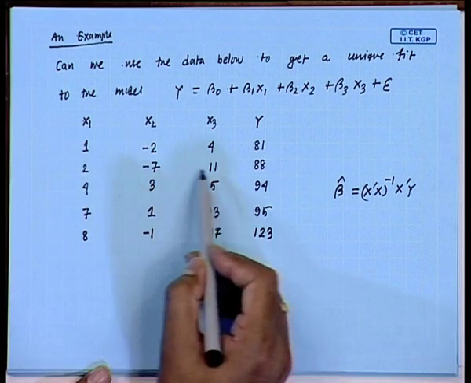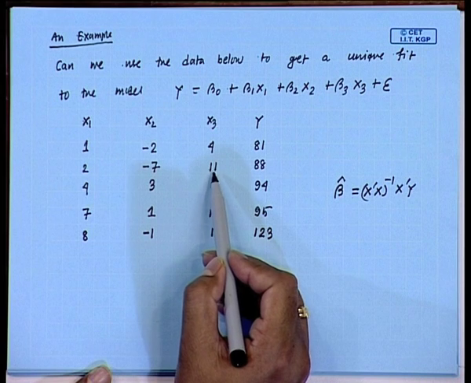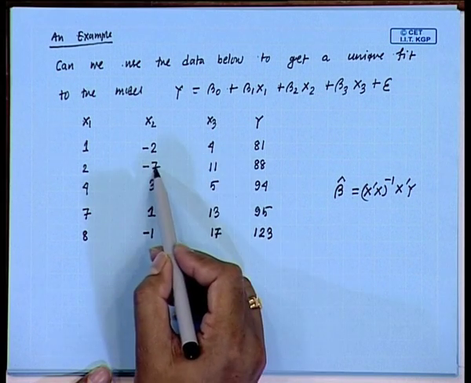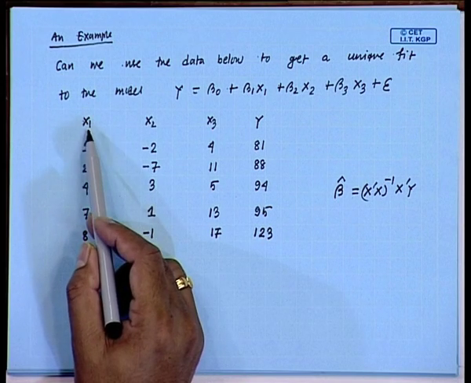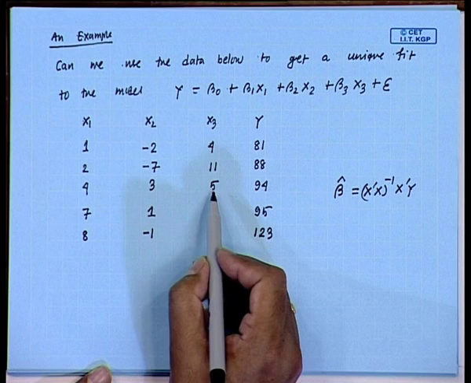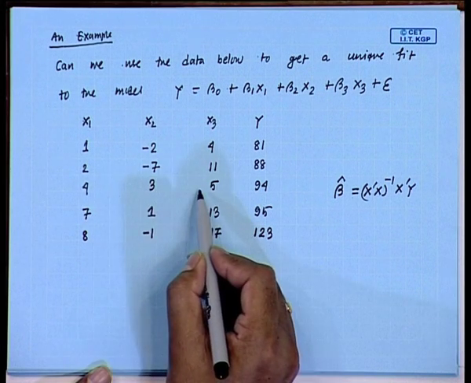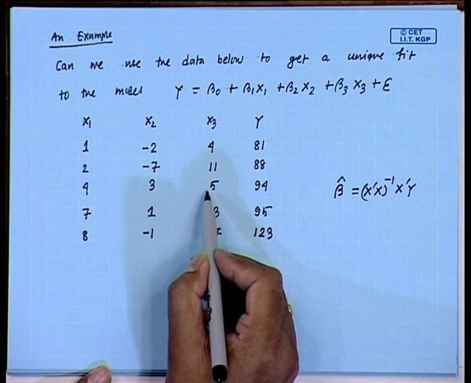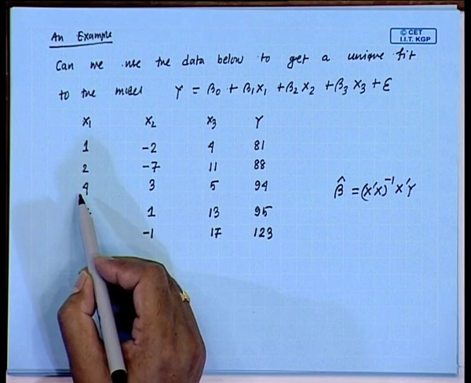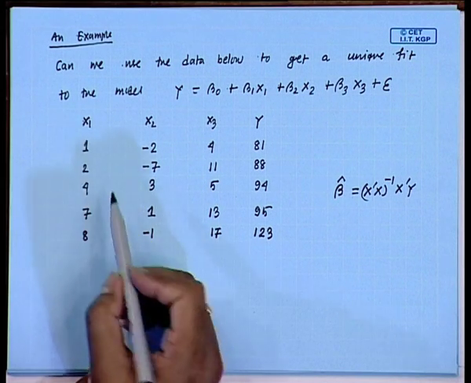Take the second observation, x 2 plus x 3 is equal to 4, which is 2 times x 1. Third observation also, x 2 plus x 3 equal to 8, which is 2 x 1. Okay.